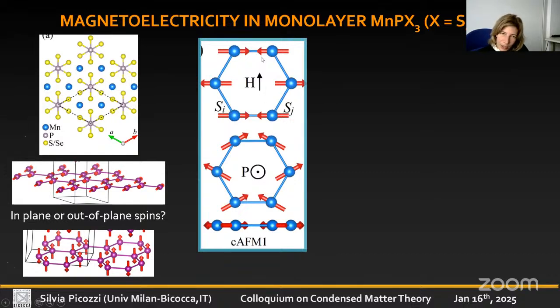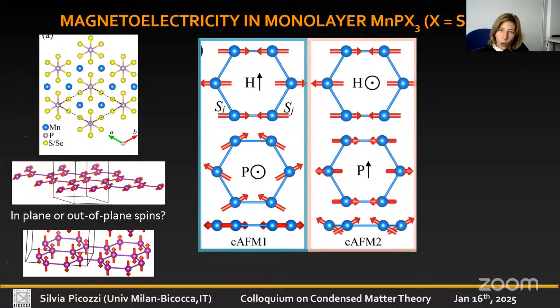And we did this configuration, so we have spins, let's say, in the horizontal direction and H in the plane, or we apply H out of plane. So if you apply H out of plane, then you expect your spins to cant out of the 2D sheet.